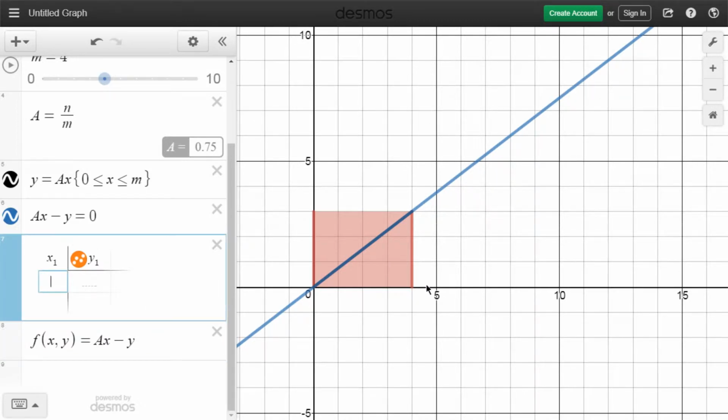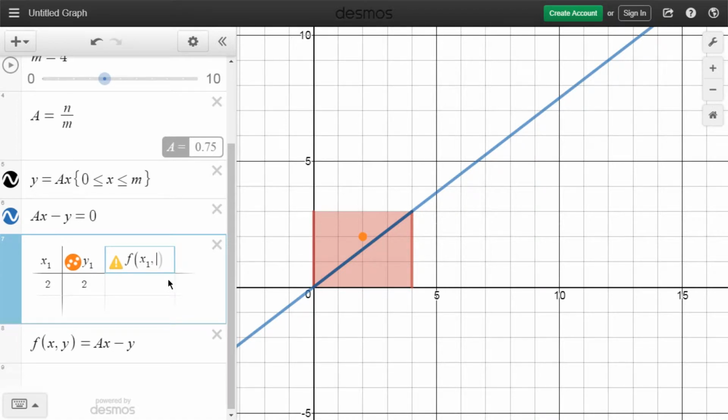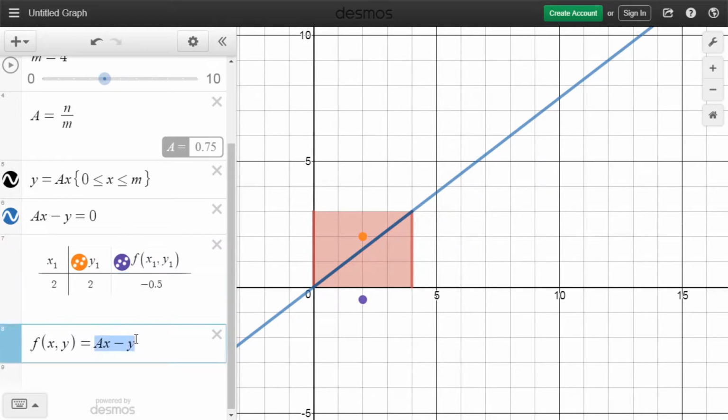Let's take a point here, let's say 2, 2, right up here. And let's put in another series here. F at x1, y1, because this is x1 over here, this is y1 over here, where f is this function down here, so it's going to give us A times x minus y.